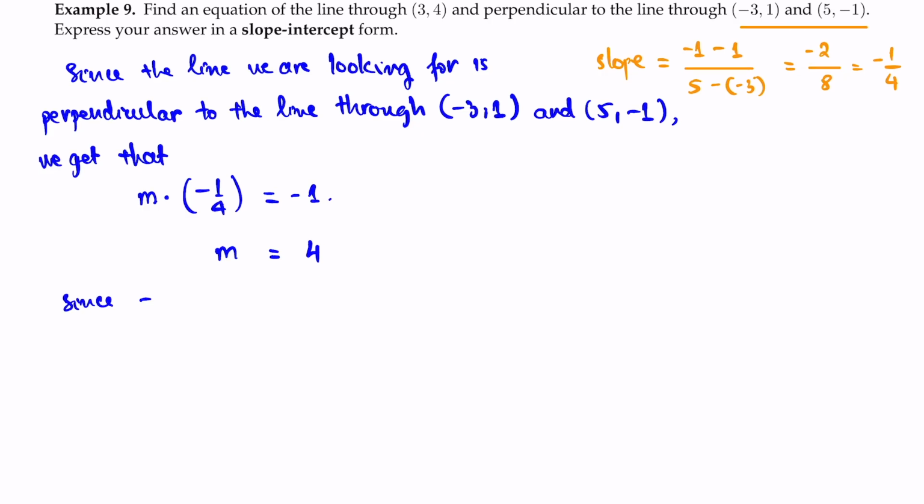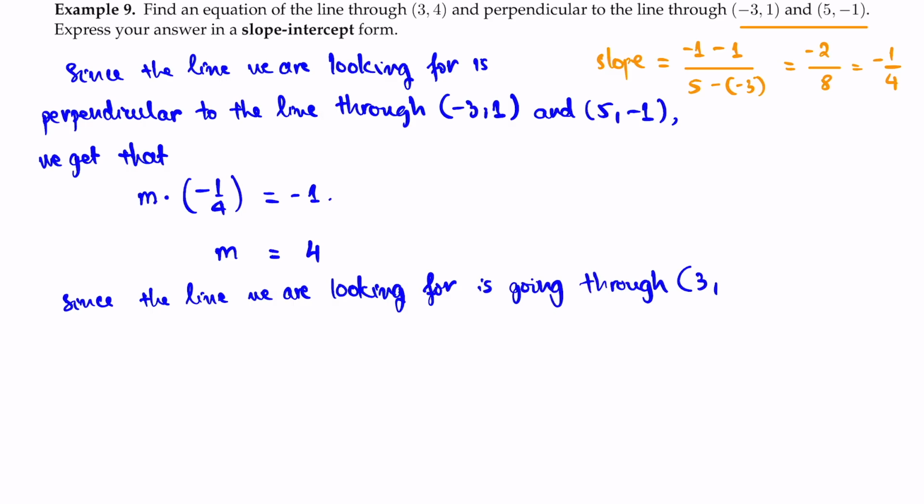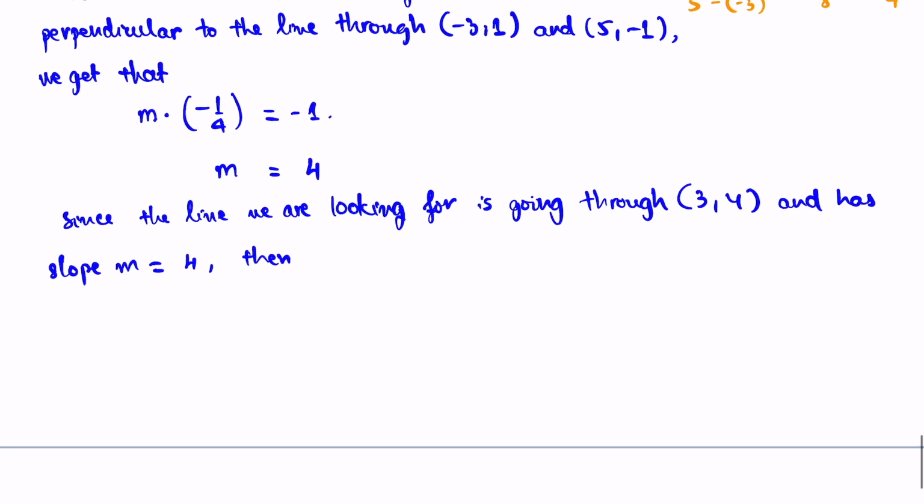Again, since the line we are looking for is going through 3, 4 and has slope m equal to 4, you can start out with the point slope form.